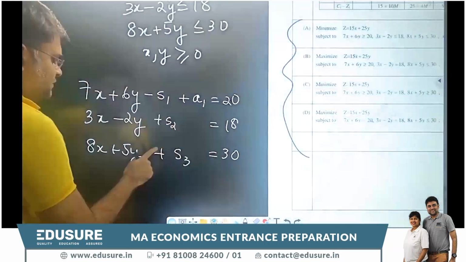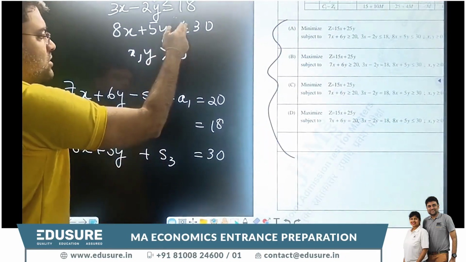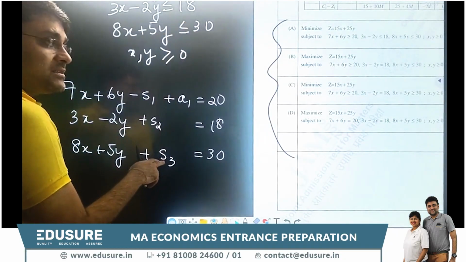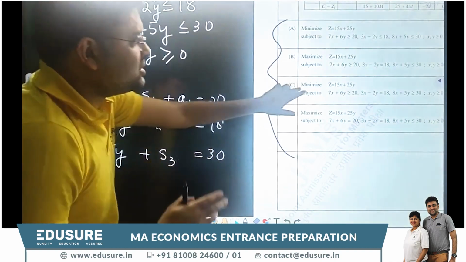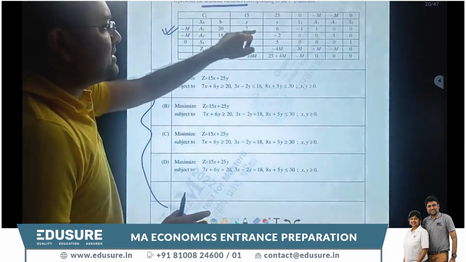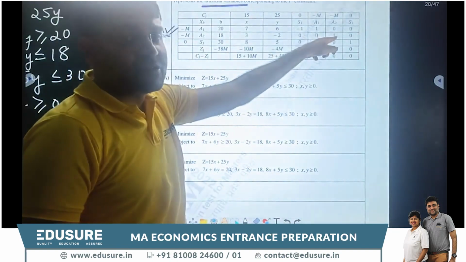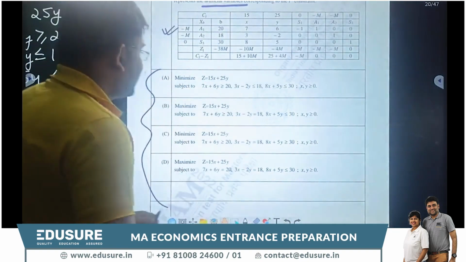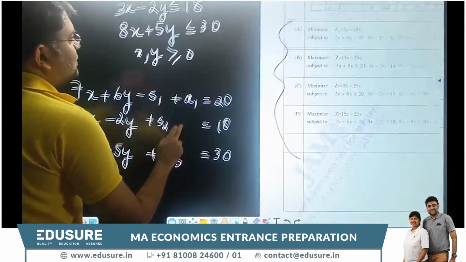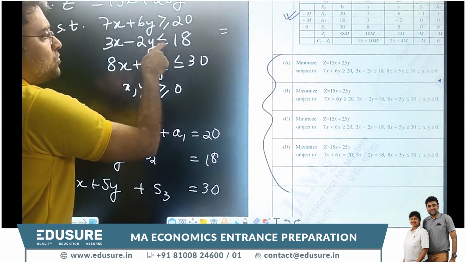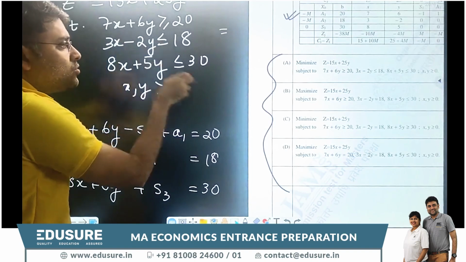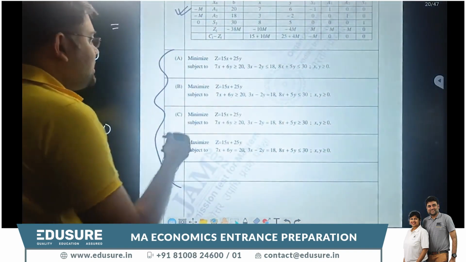The only issue if I compare option A with this table is, in the second equation I have only one artificial variable. Only one artificial variable does not mean that I have a less than equal to. It means it is equal to. So option A is incorrect.